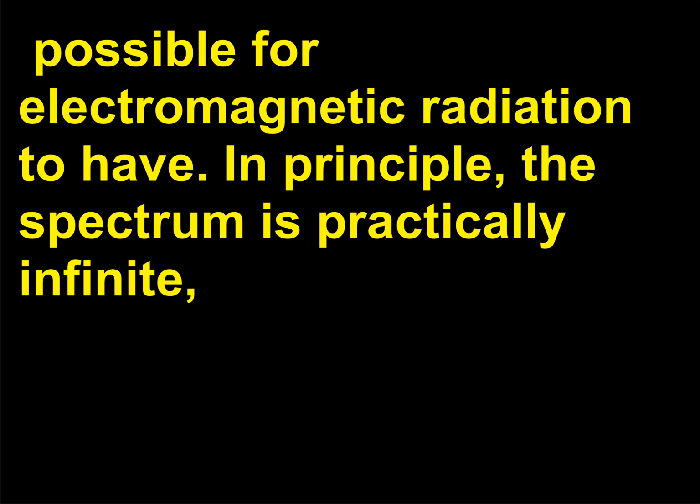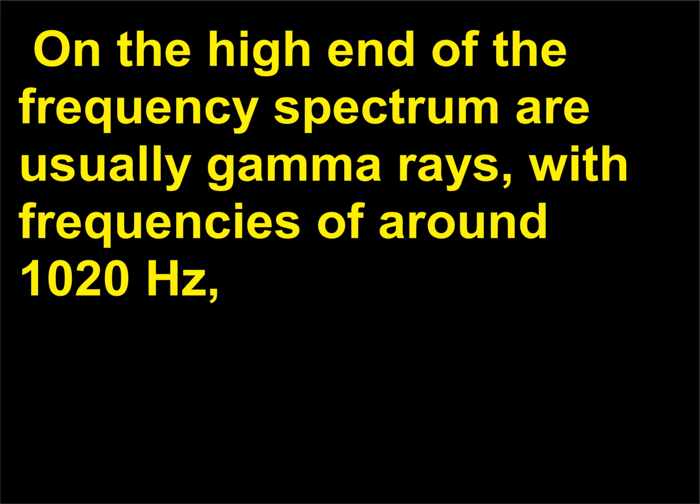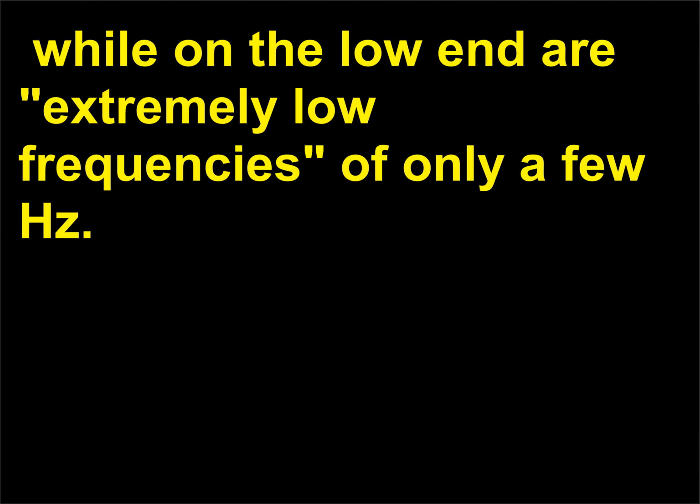In principle, the spectrum is practically infinite, though there are limitations on how high or low of frequencies we can practically achieve and work with. On the high end of the frequency spectrum are usually gamma rays, with frequencies of around 10^20 Hz. While on the low end are extremely low frequencies of only a few Hz.